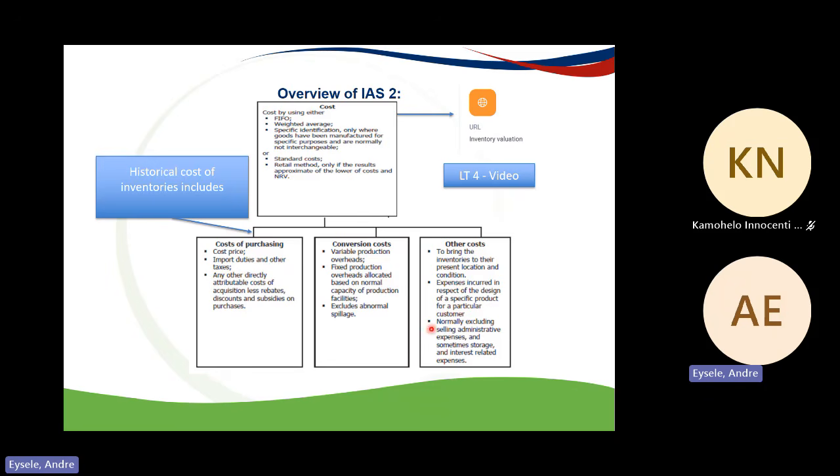But it will normally exclude selling and administrative expenses and sometimes storage and interest related expenses. And colleagues, that is how you will cost your inventories, and that cost is the valuation of your items at the end of the period.